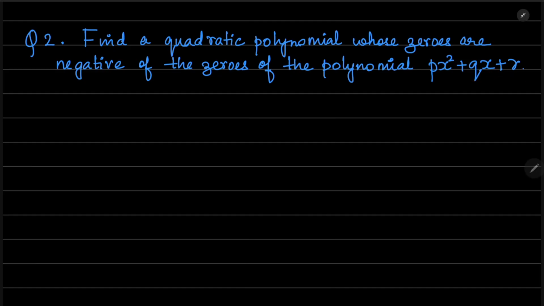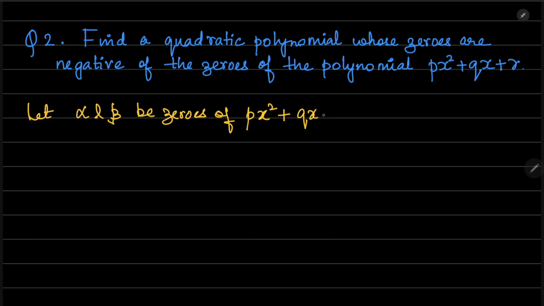So the minute you are given a particular polynomial, let alpha and beta be the zeros of your given polynomial, that is px square plus qx plus r. The zeros of the required polynomial will be negative of these zeros, right?